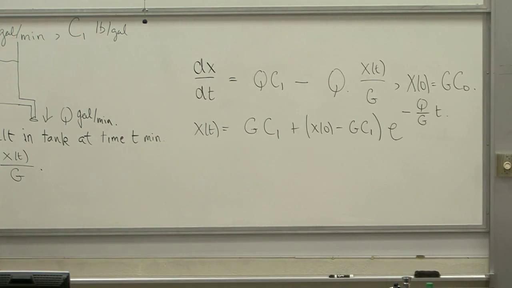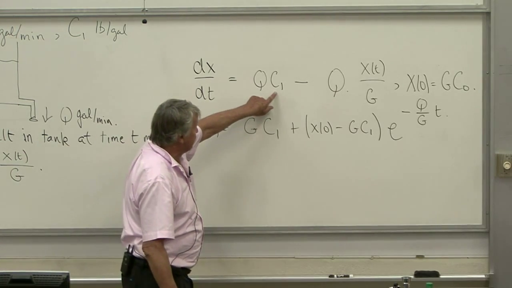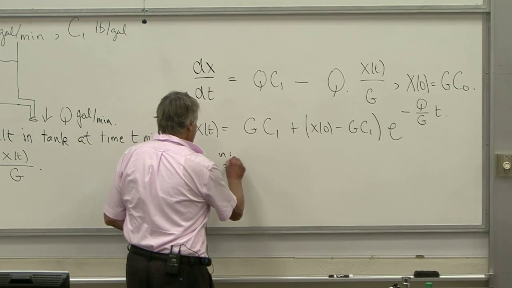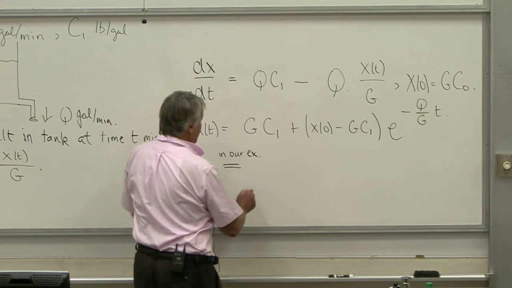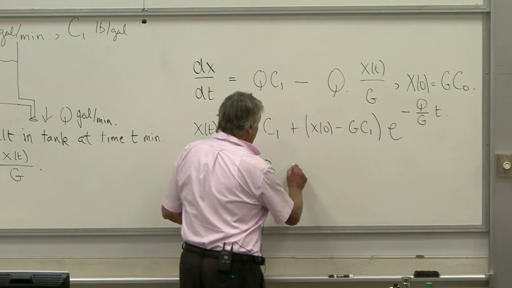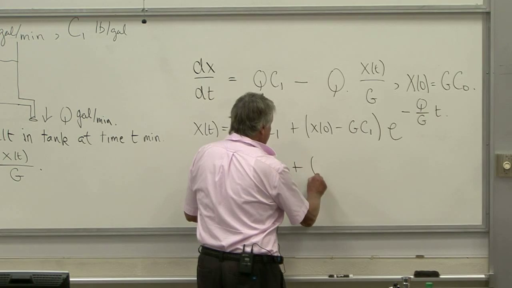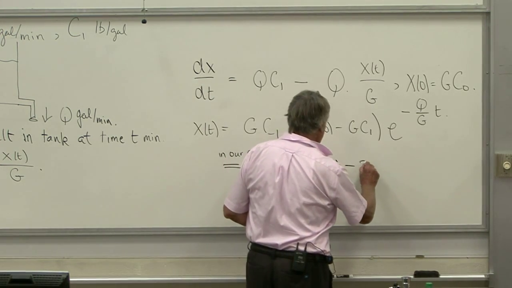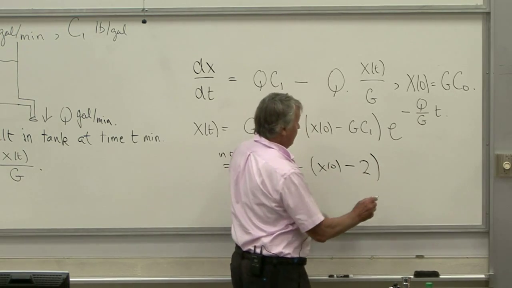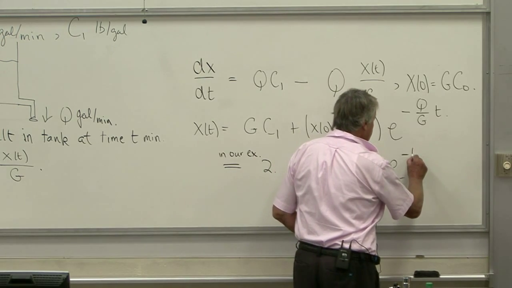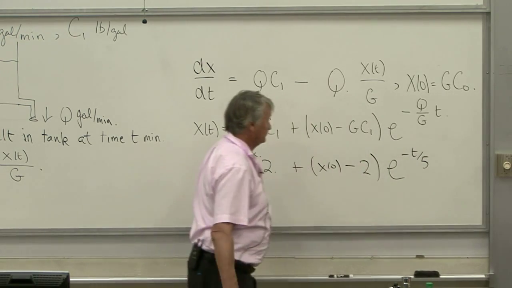Now in the example we did, I believe the q was 2, the c1 was 1. This was 2, this was 1. I'll just put it in as x of naught minus gc1, which was 2, and it was e to the minus, this was 2, this was 10, minus t over 5.